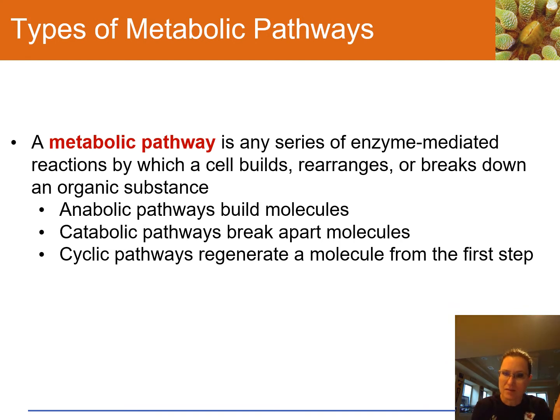And my little joke in class was cats knock stuff off of shelves and break stuff. So cats break and anabolic builds. And then when it's a cyclic pathway, and we'll talk about this more when we get to cellular respiration, it's a cycle. And so the stuff that comes in, the stuff that goes out, we sort of regenerate what we started with. So then it's called a cycle.